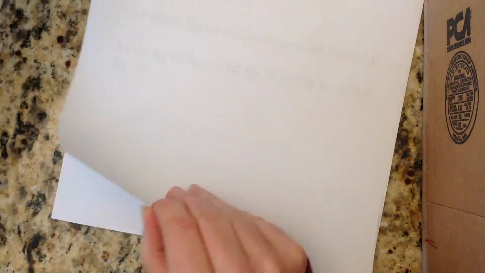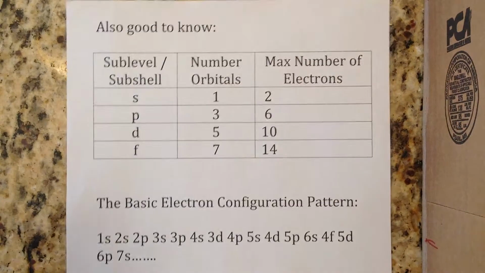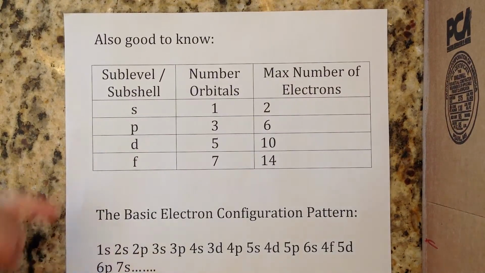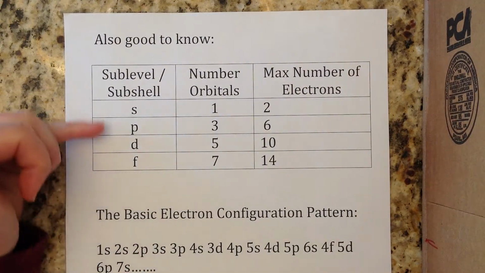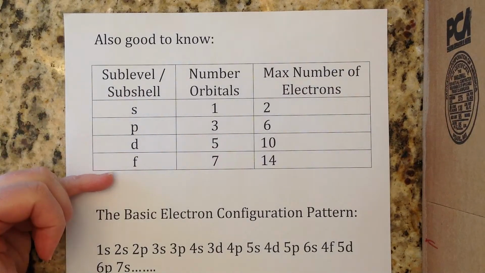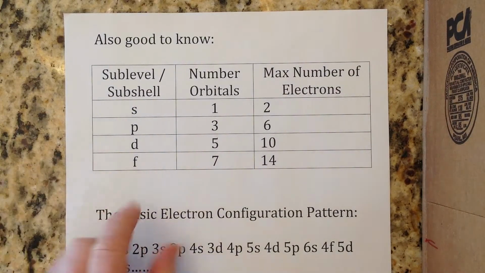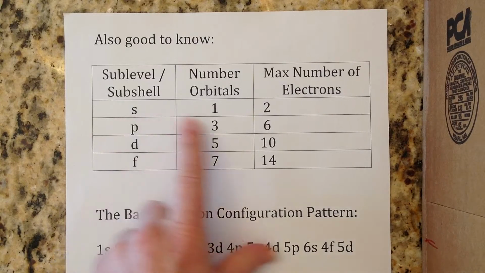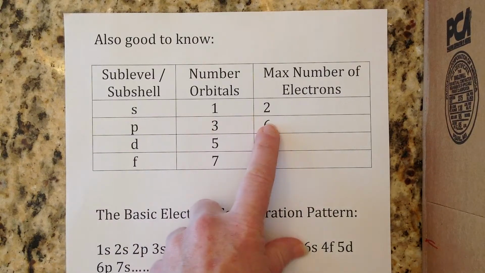Now, just a little bit more information before we start these. So it's good to know that S, P, D, and F are called sublevels, or some people may call those subshells. The S sublevel has 1 orbital, which can hold a maximum of 2 electrons.